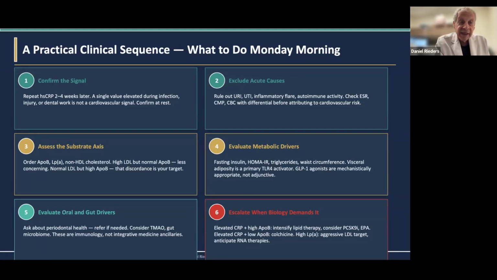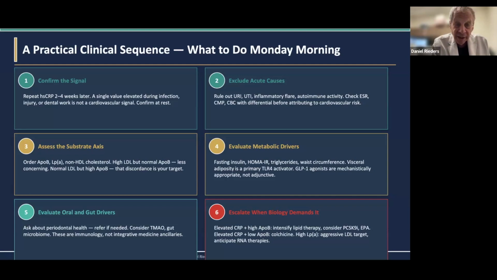So I don't really like this "what do we do on Monday morning" thought, but a lot of people say that. If we have an elevated hsCRP, we repeat it. We look for ruling out systemic inflammation, and then we say, oh my God, there's a problem. Oh, sorry about that languaging. I apologize for that. That doesn't belong in a lecture. We rule out other problems.